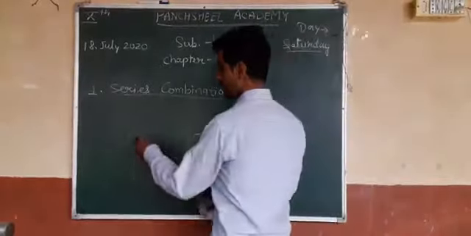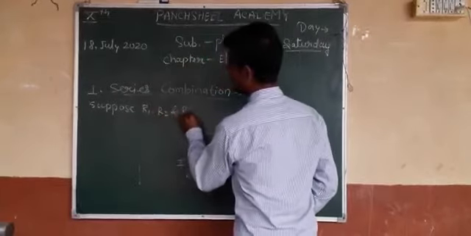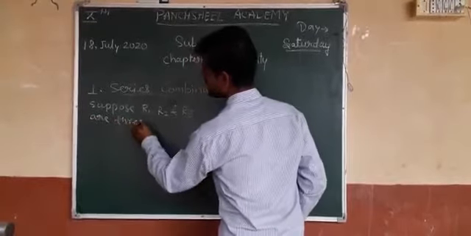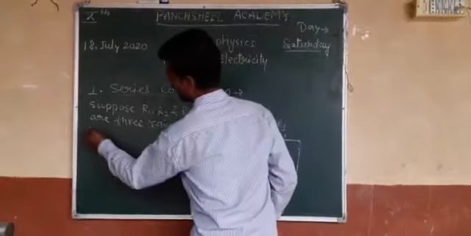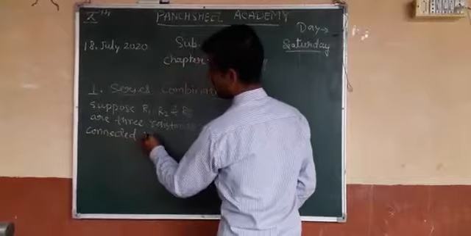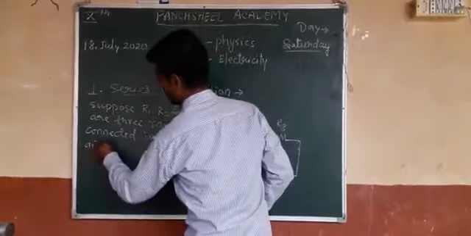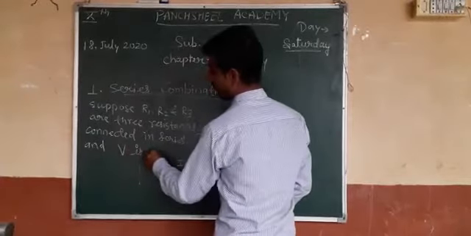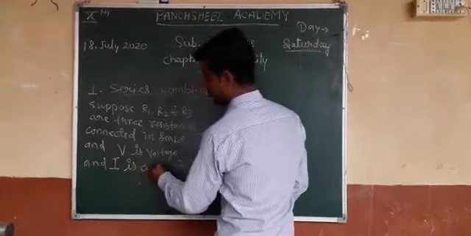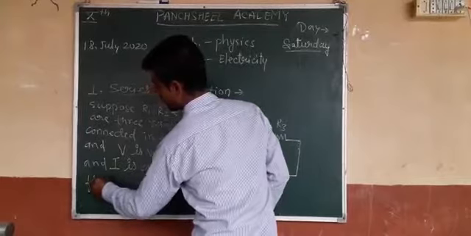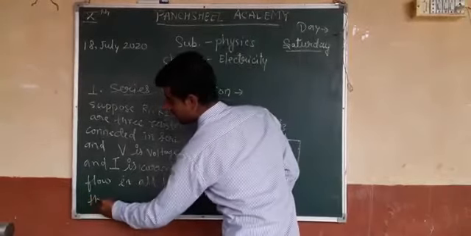There are three resistances. Write down: suppose R1, R2, and R3 are three resistances connected in series, and V is the voltage, and I is the current flowing in all the three resistances.